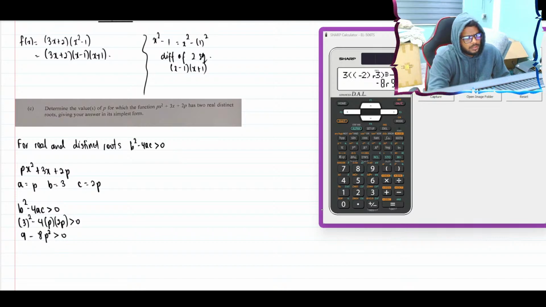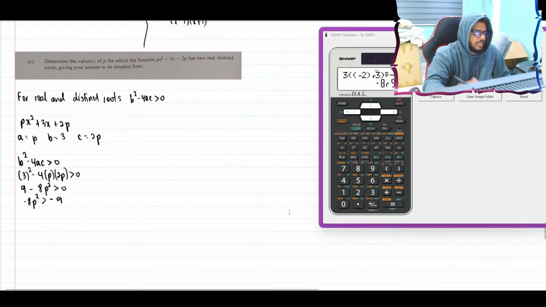I move the 9 to that side. I get minus 8p squared is greater than minus 9. I divide by the negative, so I get p squared is less than minus 9 over minus 8, which becomes 9 over 8. p will be less than the square root of 9 over 8.